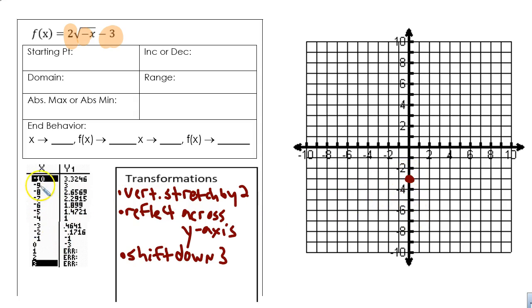I'm going to use these xy values from my graphing calculator to get some points on here. Let's see, we'll do negative 10 comma 3.3. 3.3 is about right there. We'll do negative 9, 3. Skip over to negative 7 comma 2.2.